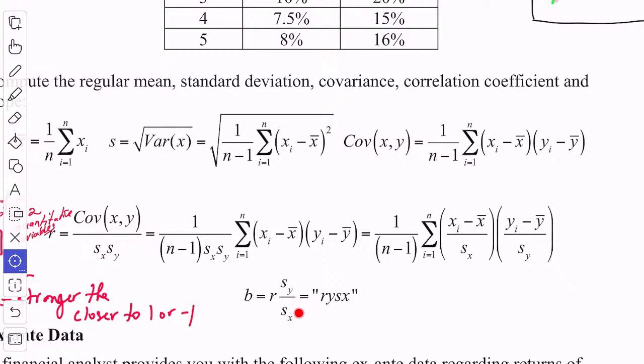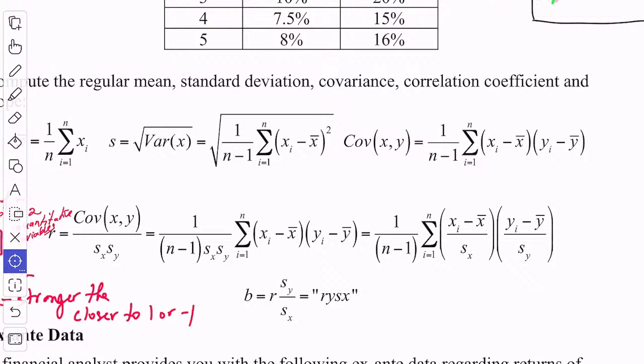And a way to remember that relationship is to use the word risk as a mnemonic. So it's R, then SY, the Y first, divided by SX. And what does that give you?